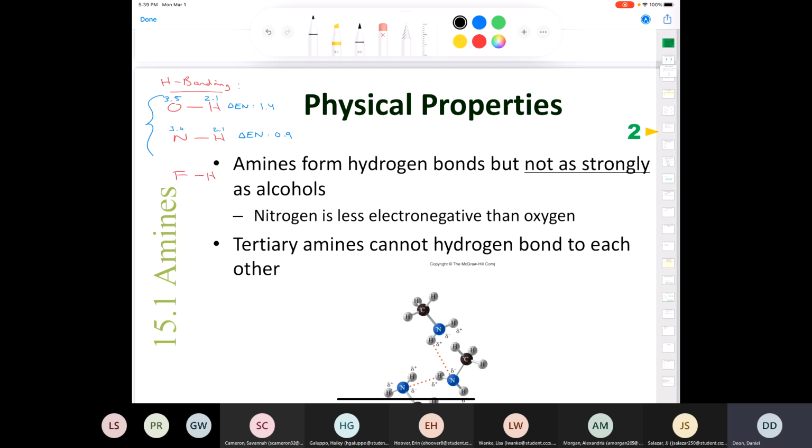That means there's more of a delta negative charge on the oxygen and more of a delta positive charge on the hydrogen in an oxygen-hydrogen bond compared to the delta negative and the delta plus in a nitrogen-hydrogen bond, because those partial positive and partial negative charges are a result of the difference in electronegativities between those two elements, whether it's a nitrogen-hydrogen or an oxygen-hydrogen bond.